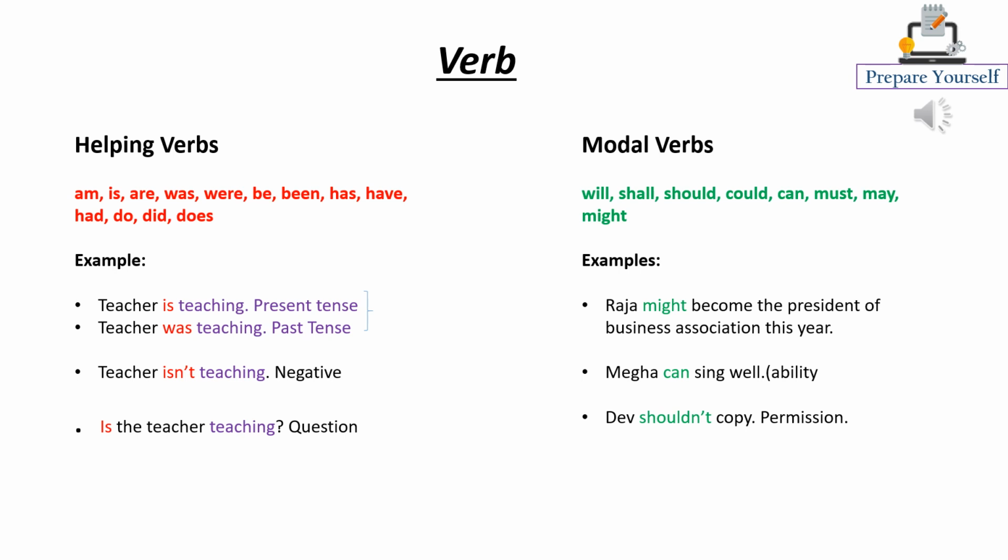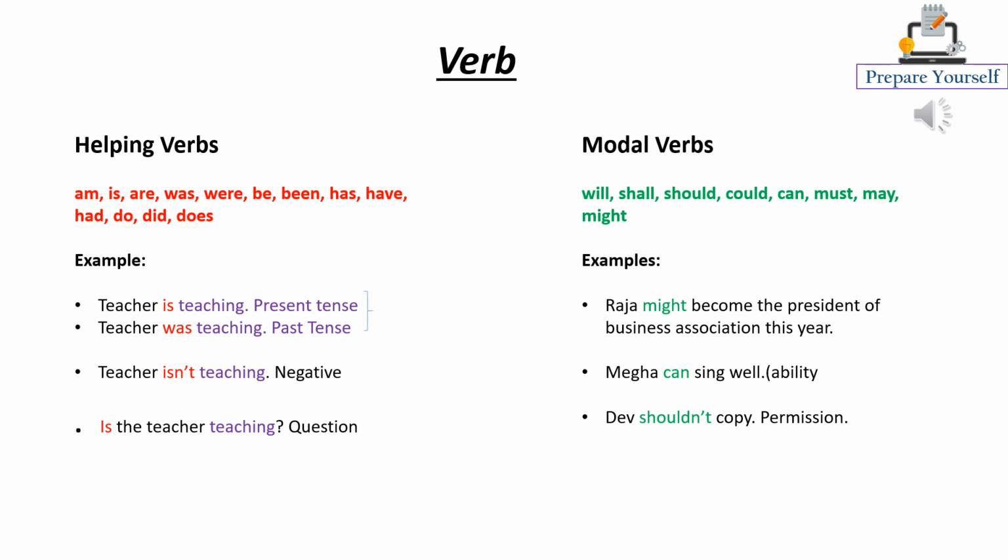Modal verbs: will, shall, should, could, can, must, may, might are called modal verbs. This shows the attitude and mood of the person. Let's have a look at examples. Raja might become the president of the Business Association this year.